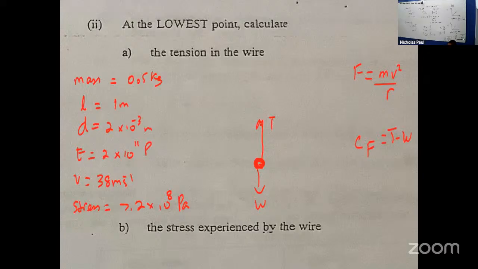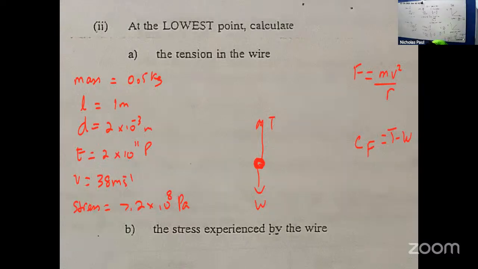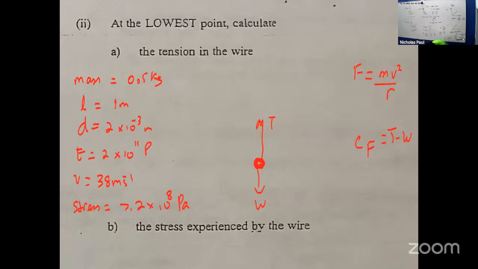How do we get tension? Anybody? Emma, any ideas how to get tension? Nice. So part A: tension is equal to centripetal force plus weight. Use gravity at 10 if you want, right? In fact, no, use 9.8.